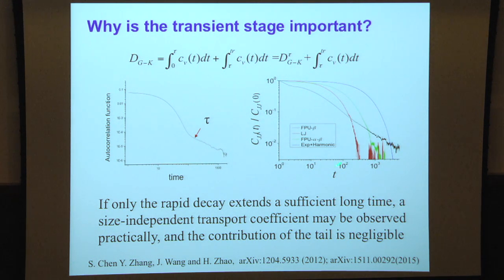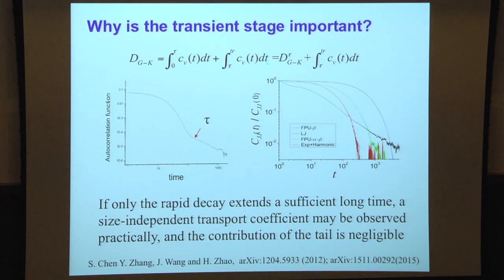So what about the lattice case? Here I show some examples for the lattice case. This is the energy correlation function of the FPU-beta model. This is a symmetric model with symmetric interactions.